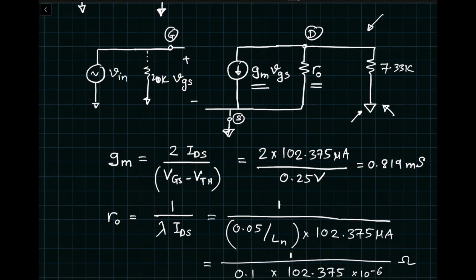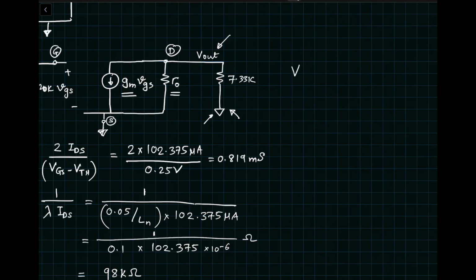If you do Kirchhoff's current law and voltage law, you can figure out the gain of this circuit. This is the output. So V out will be equal to GM times Vin, and the current here is flowing in the downward direction, so we put a minus sign for current flowing in the upward direction.